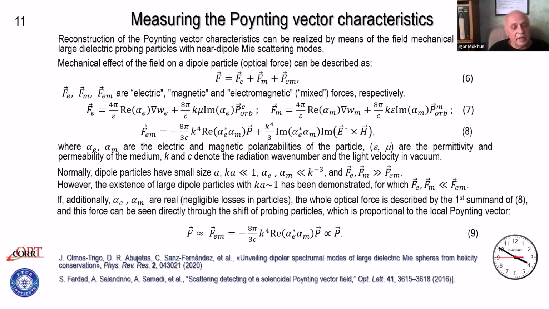Equation 8 for the mixed force includes a term proportional to the Poynting vector. And as it is seen, for some conditions, the Poynting vector characteristics are completely defined by this force, and this opens new possibilities for Poynting vector registration using special probe particles.